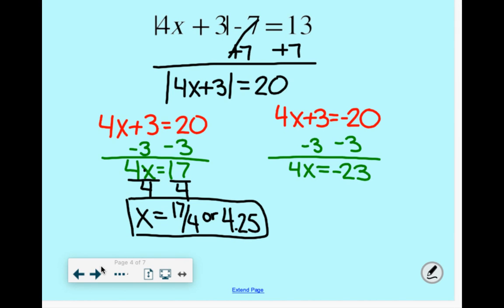Okay, and this one does not have a super nice answer. That's alright. The other one doesn't either, because when I divide negative 23 by 4, it's going to be negative 23 fourths or negative 5.75.